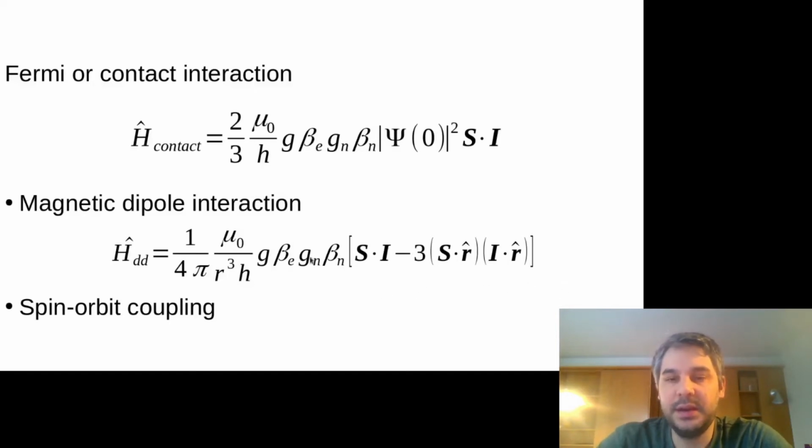So we can see here that we have a term S dot I, which is similar to the contact interaction term. We also have the nuclear and electronic g factors and Bohr magnetons, and we have these terms that are the dot product of the spin times the unit vector that joins the electron and the nucleus.